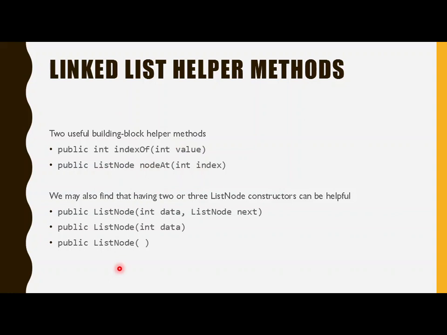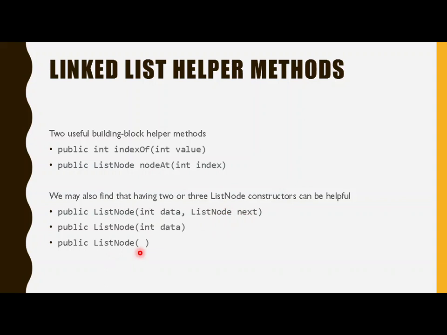Also, sometimes you want to have several different constructors because sometimes you know the data ahead of time. Sometimes you actually know the new pointer ahead of time, which means you can really shortcut the operations. And sometimes you don't know anything yet. So having several different helper methods, different constructors, can make life a lot easier because you can do some of the pointing at the same time.